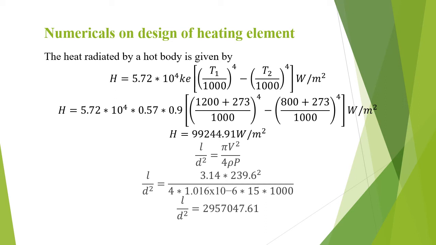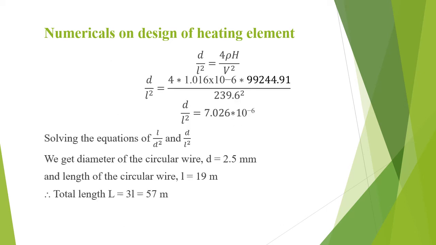Also, we have the equation of L by D square, that is pi V square by 4 rho P. Substituting the values, we get the value of L by D square, and then we have one more equation, D by L square, that is 4 rho H by V square. Substituting the values, we get the value of D by L square.